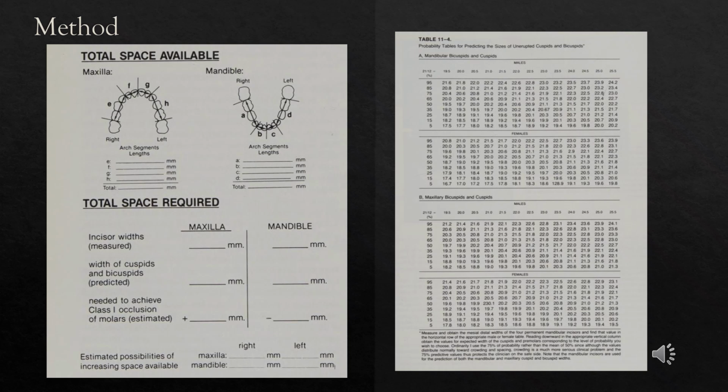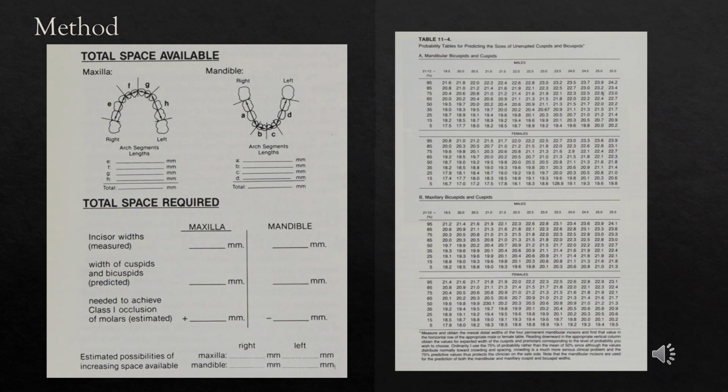The fourth step is to calculate the arch space required. This is the sum of the predicted widths of the permanent canine and two premolars for both sides of the arch. For example, if the table predicts 21.0 millimeters for one quadrant, it can be maxilla or mandible, the total space required for that arch would be 21.0 millimeters times 2, equal to 42 millimeters. Then add the measured width of the four permanent incisors to the predicted width of the six posterior teeth.